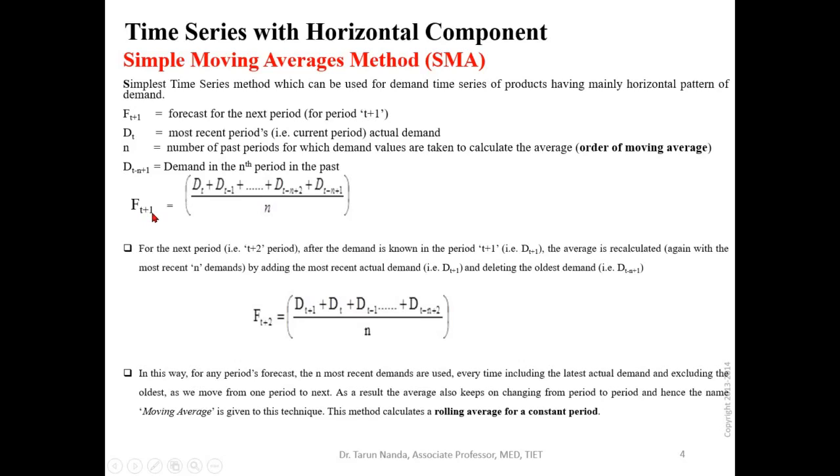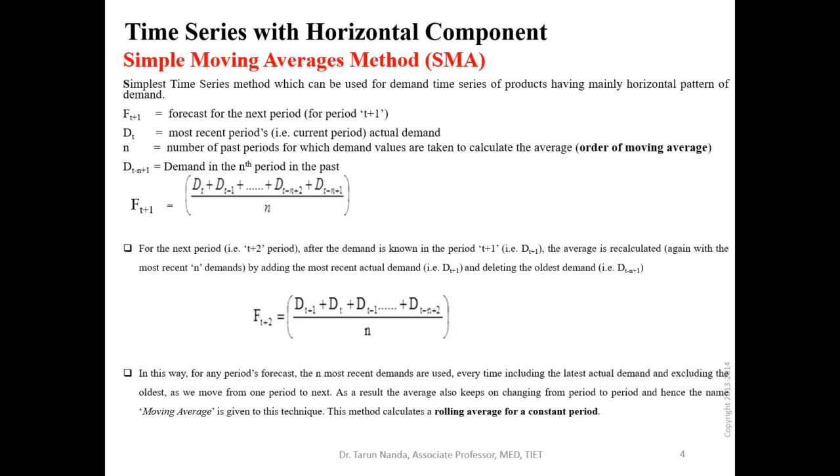Okay, so in the simple moving averages method, what we do is that we take the n demand values, n sales values, the sales values for the n past periods, and we find out their average. For example, you are sitting in period t.